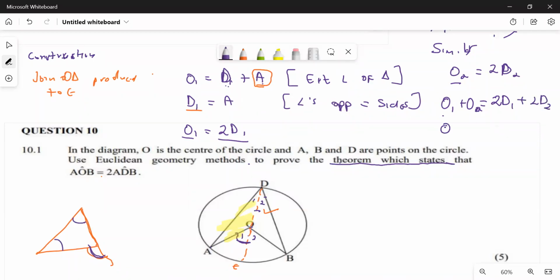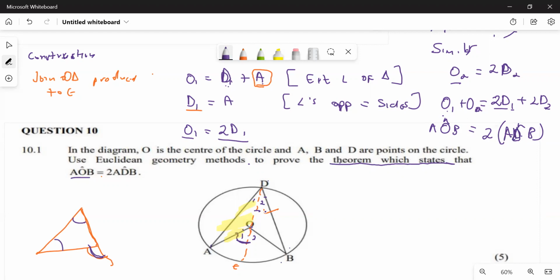O1 plus O2 is angle AOB. So AOB equals, taking out a common factor of 2, 2 times (D1 plus D2). D1 plus D2 is angle ADB. Then we have proven AOB is 2 times ADB. It's D here, not O, mind my D and my O.